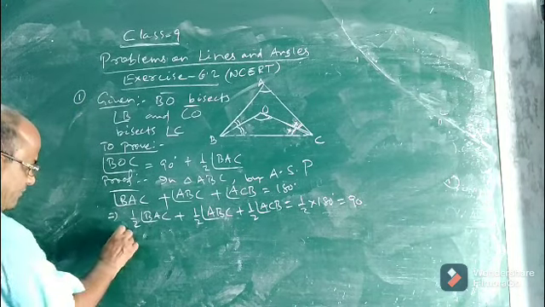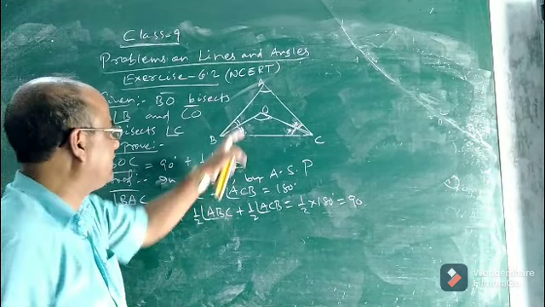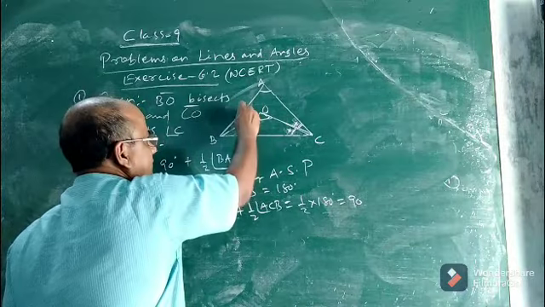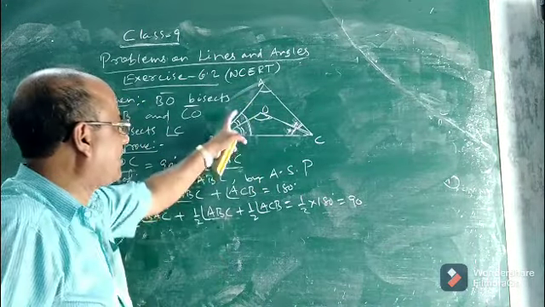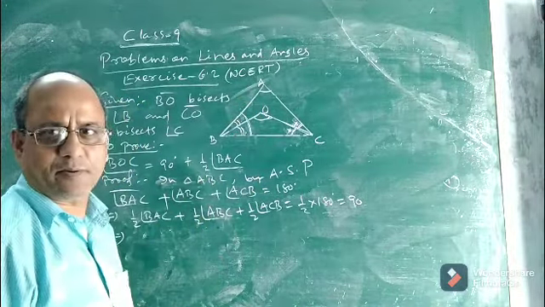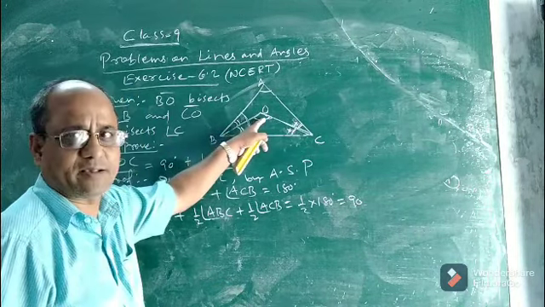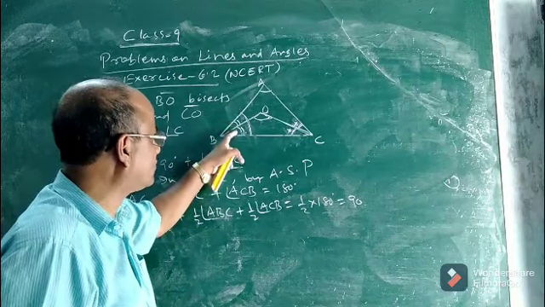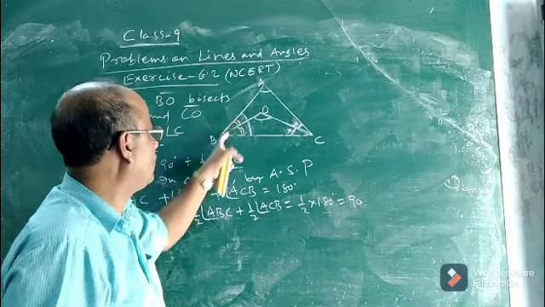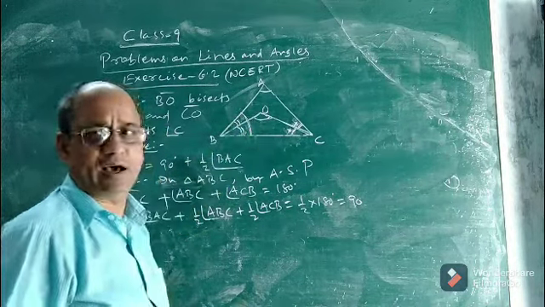Now look at half ABC. Which angle will be half of ABC? This angle and this angle are equal because BO is the bisector of angle B. So angle OBA and angle OBC are equal.